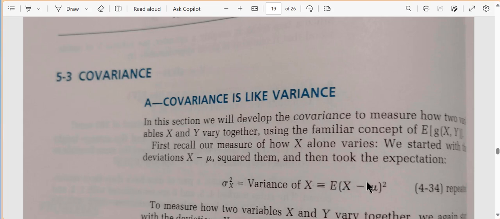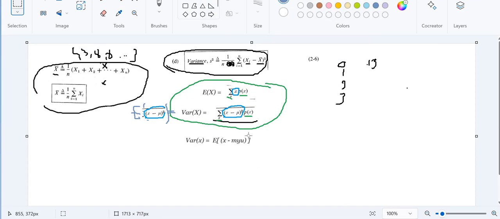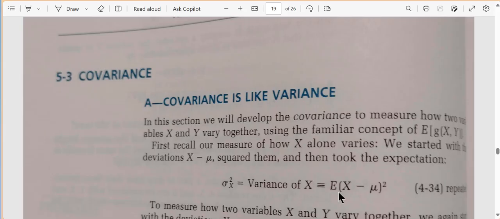It's a little confusing, because you don't know what this square applies to. It seems like it applies to the whole E, but that's not right. The square applies to this part, the way I wrote it here, and then we take the expectation of that. So this is not so well expressed here. But anyway, there should be an open bracket here and a closing bracket here to say that the variance of x is the expectation of x minus mu squared.